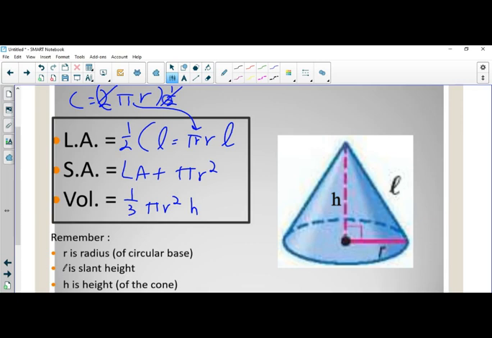So if you notice, it looks very similar to the volume of a cylinder. It's practically the same thing. The only difference is the 1/3, because the cone's volume is 1/3 of a cylinder with the other same dimensions.